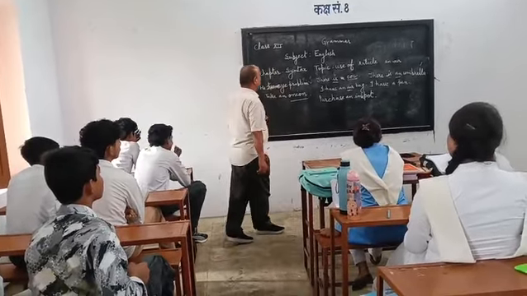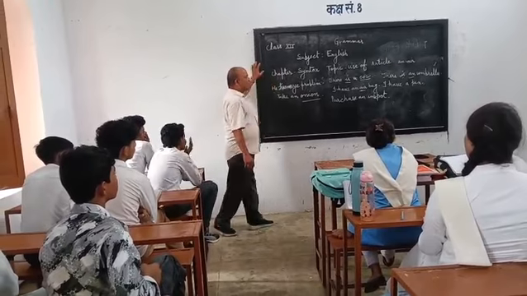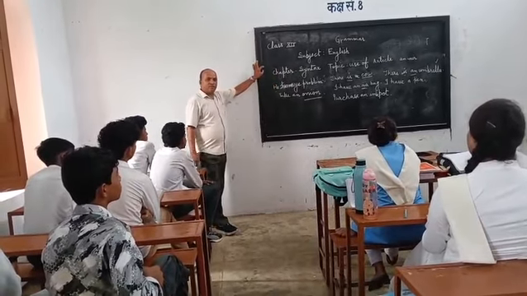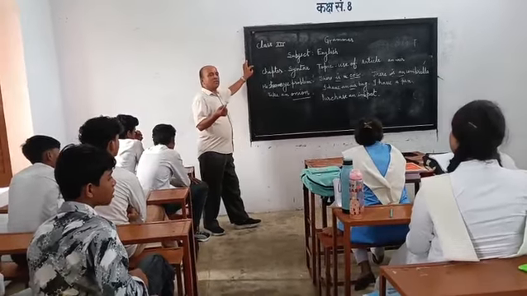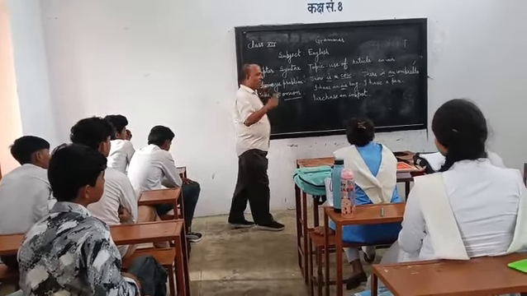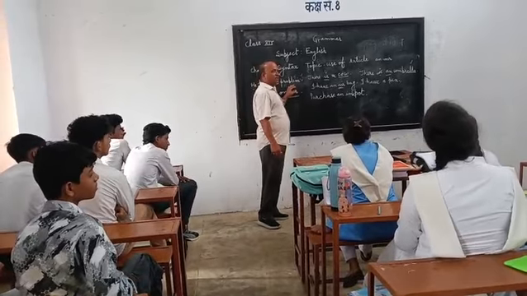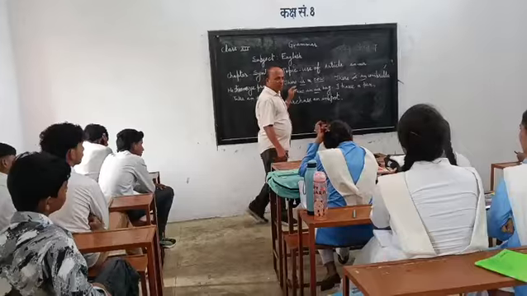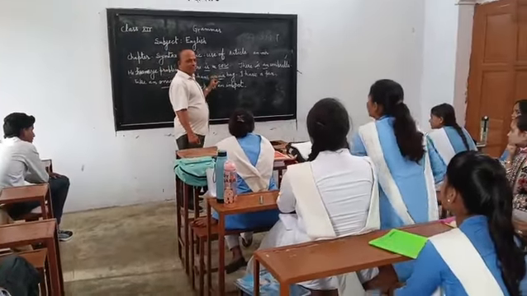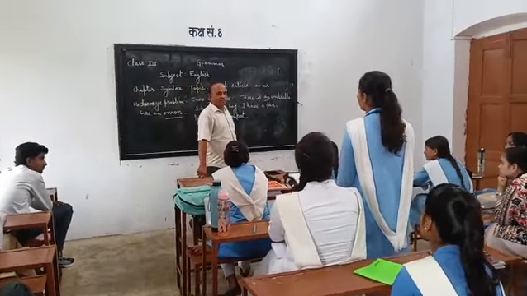But particularly you should know that if the word starts from a consonant and the number of the thing, the place, is one, then you have to use a. Otherwise, an. Is there any problem? Sir, what is indefinite article?